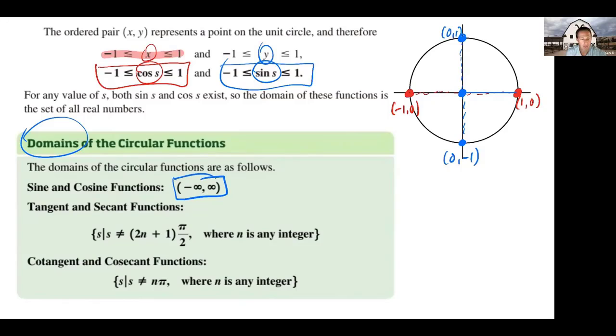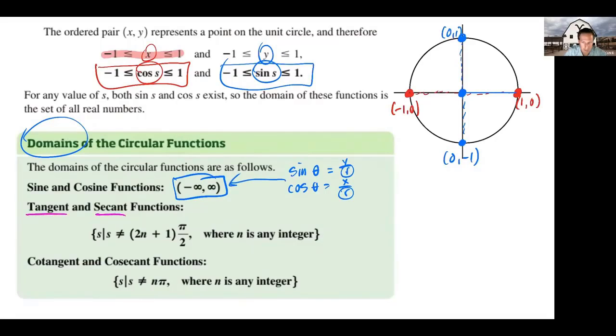But for the others, tangent and secant are paired up. Again, that is because, remember, sine and cosine at any point in time would be y over r and x over r. And so since our r can never be 0, that's why we have no issues.